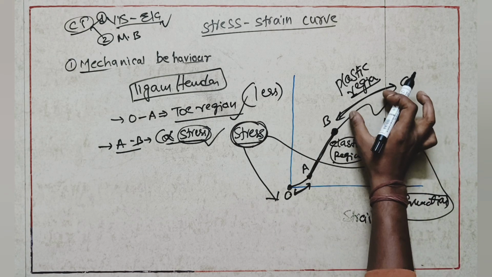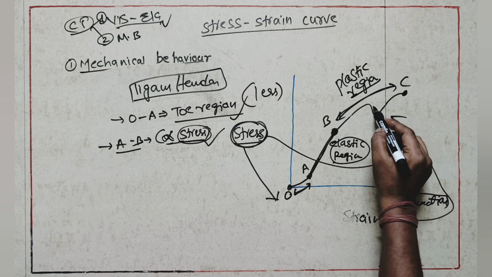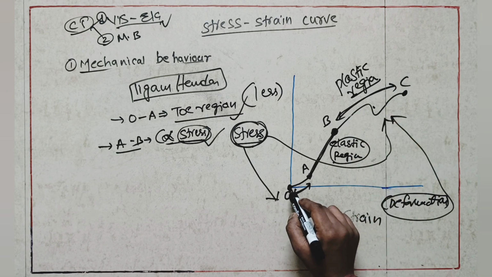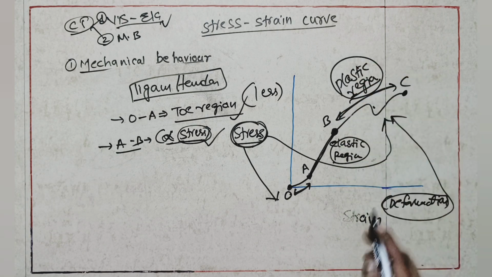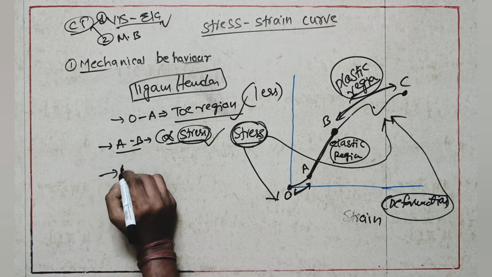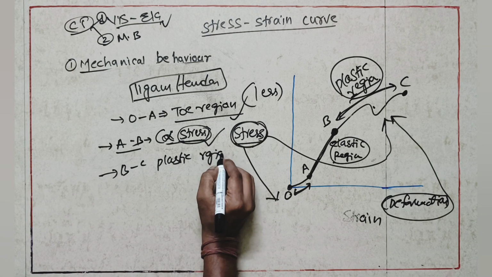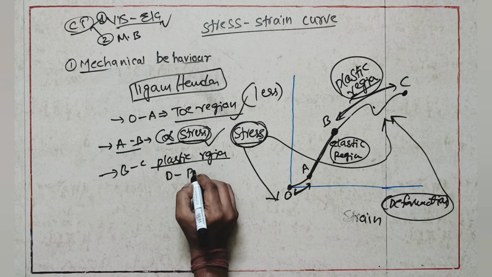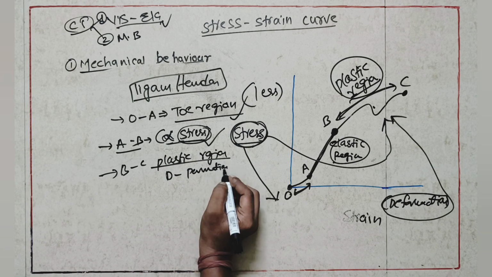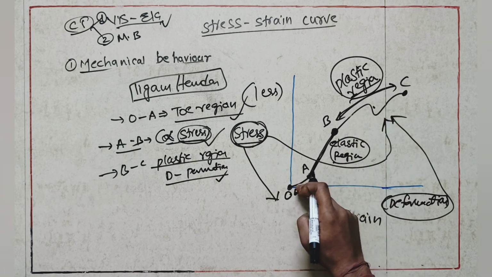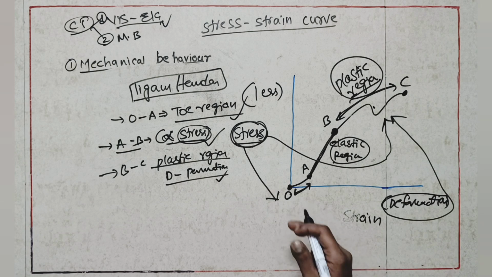After removal of stress, the tissue will not come back to its original structure. That is called the plastic region. So B to C is the plastic region. Here deformation is permanent, so the tissue will not come back to its normal original structure.